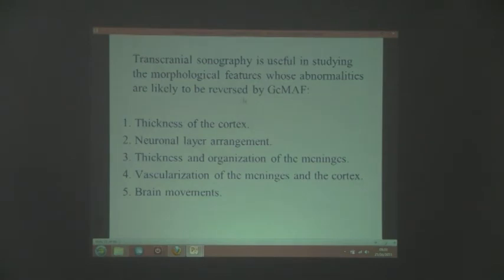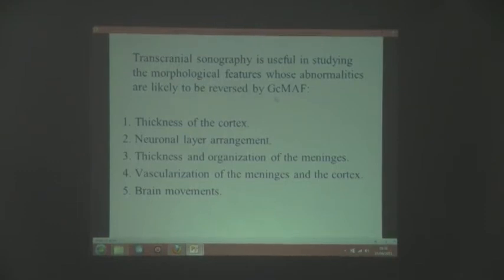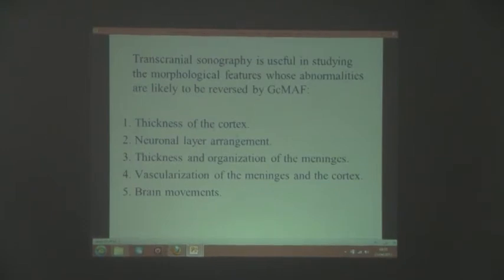So we can measure all these morphological and physiological features whose abnormalities are likely to be reversed by GcMAF, whose abnormalities are common in a variety of chronic neurological diseases, including, of course, ME/CFS and autism. We can measure the thickness of the cortex.